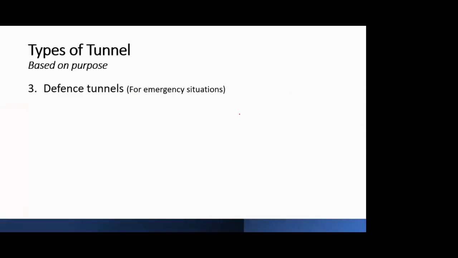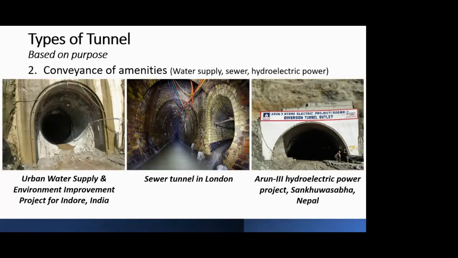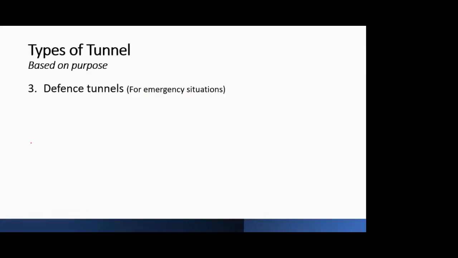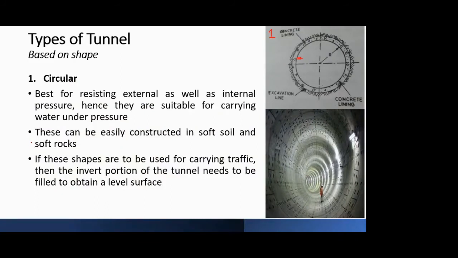One example we have seen in the first photograph on the extreme left was from Indore. It was a water supply scheme, and the main shape of the tunnel is circular. Why circular? Because a circular cross section resists both internal pressure as well as external pressure. Internal pressure is because you have water flowing inside it, and that water is going to exert some pressure.